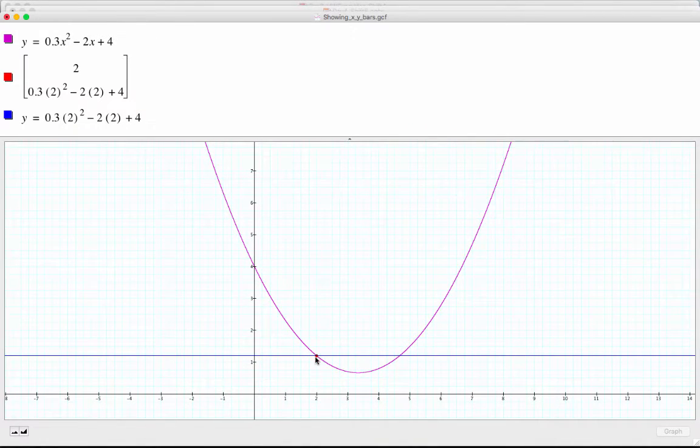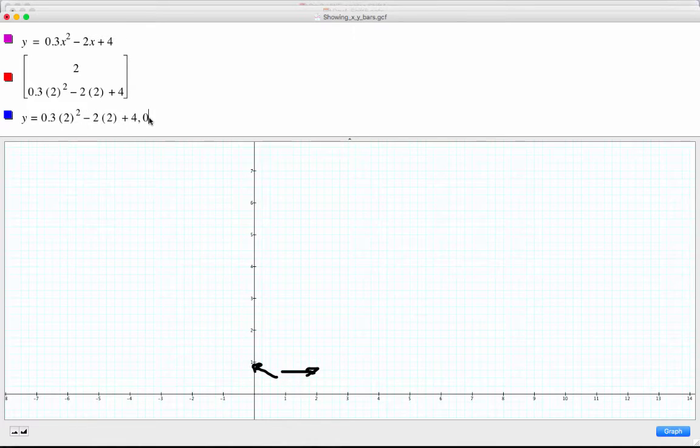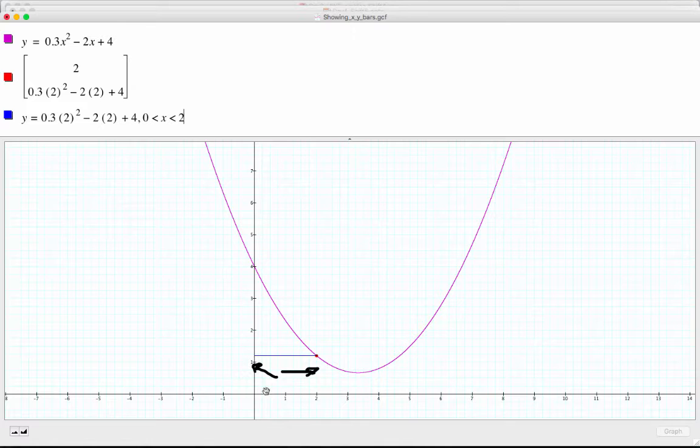Well, this line, I want only the domain to go from the x-axis to 2. So if I come on up to here and I use the domain, there. Now I was able to draw a bar representing the x value.